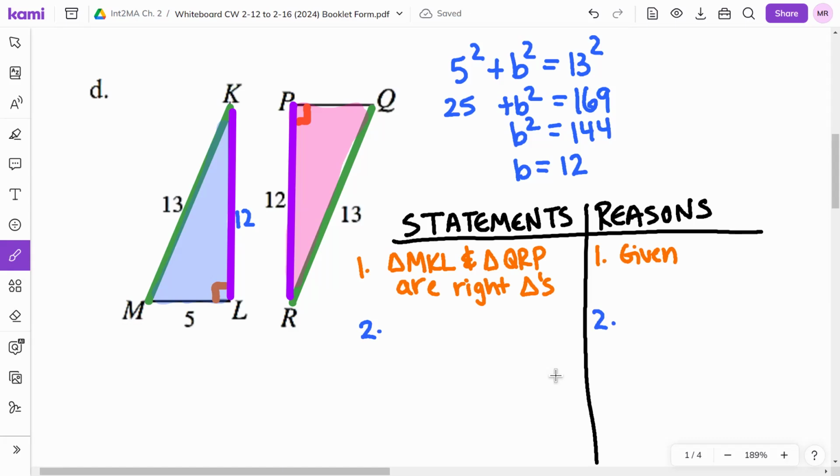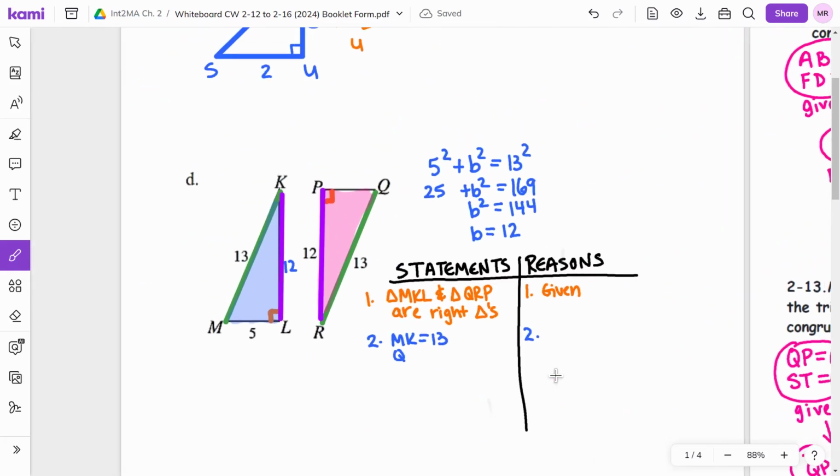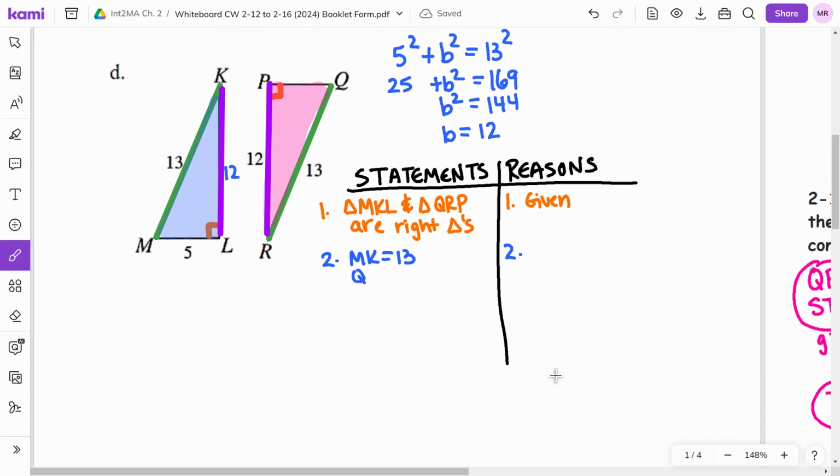The length of MK is equal to 13. The length of QR is equal to 13, given. And that means that line segment MK is congruent to QR, reason, definition of congruence.